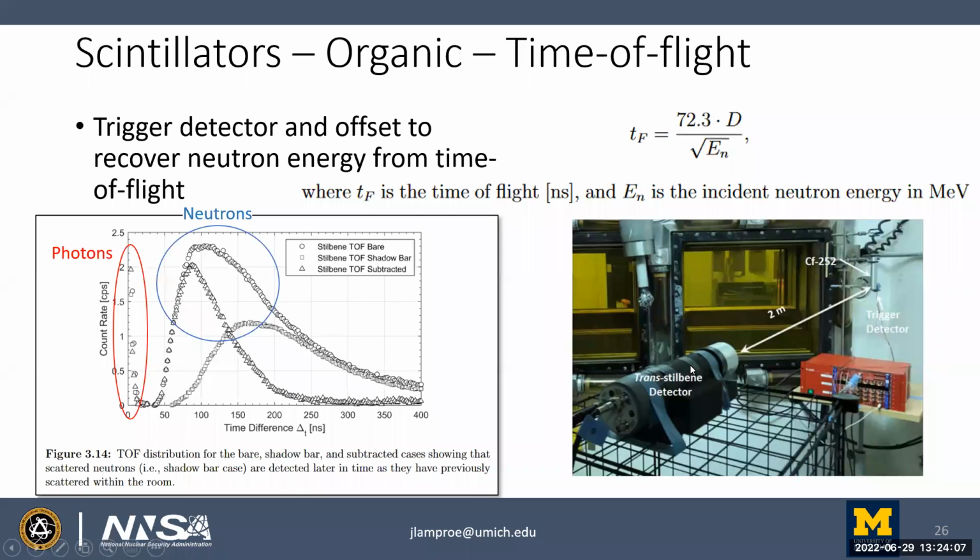And then you have all of your other information in terms of energy and the distance between detectors. And so you can do some unfolding and figure out a lot of information through this method, along with PSD and the other things that I talked about.